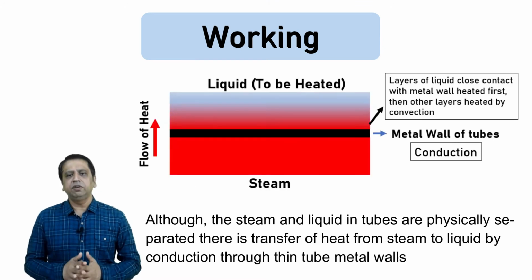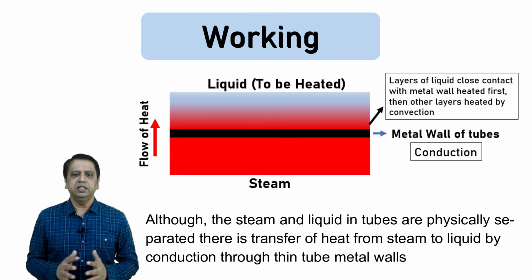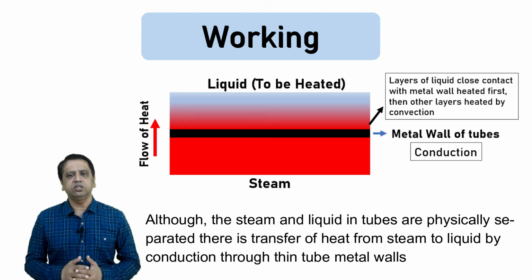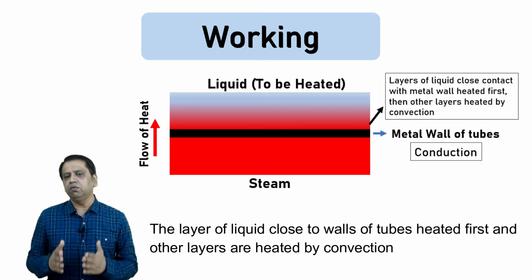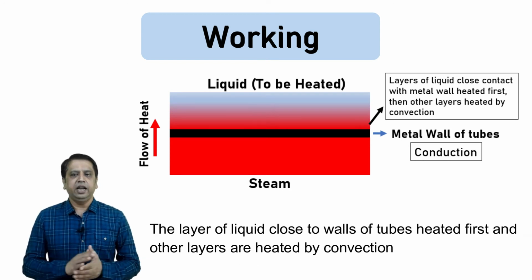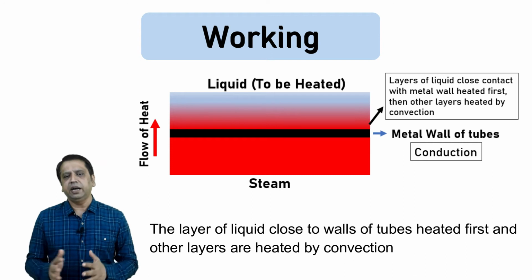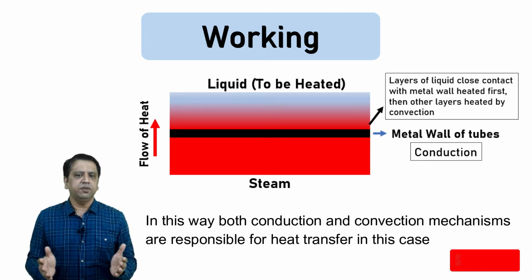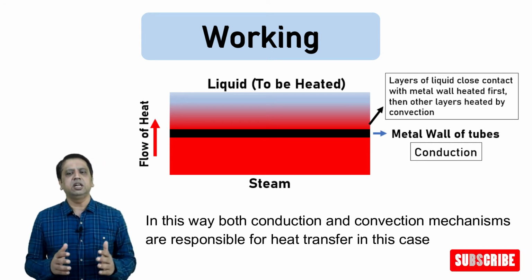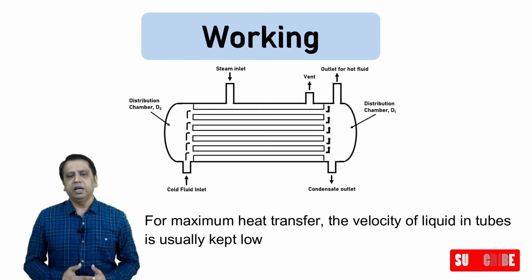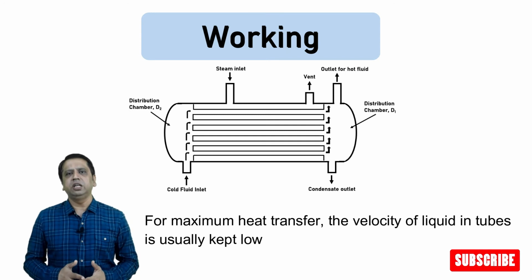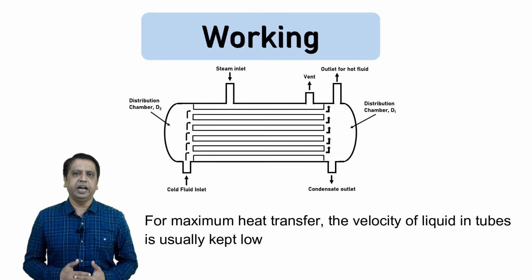Although the steam and liquids in the tubes are physically separated, there is a transfer of heat from the steam to the liquid by conduction through the thin tube metal walls. The layer of liquid close to the walls of the tubes is heated first, and other layers are then heated by the convection process. Thus, both conduction and convection mechanisms are responsible for heat transfer in this case. For maximum heat transfer, the velocity of the liquids in tubes is usually kept low.